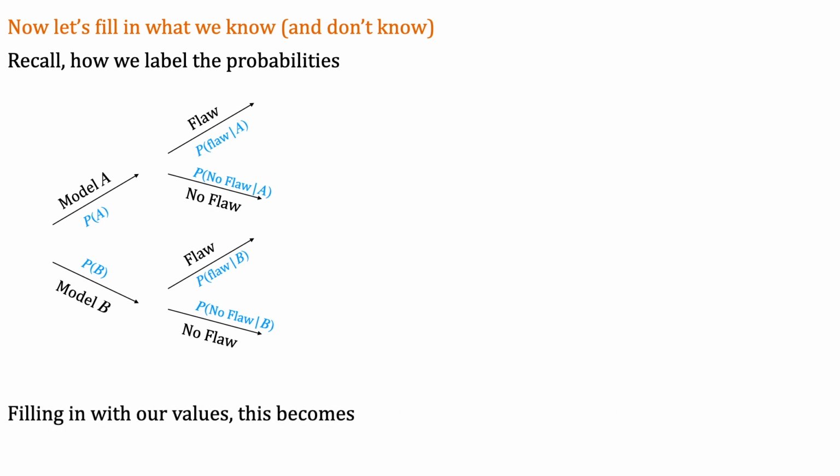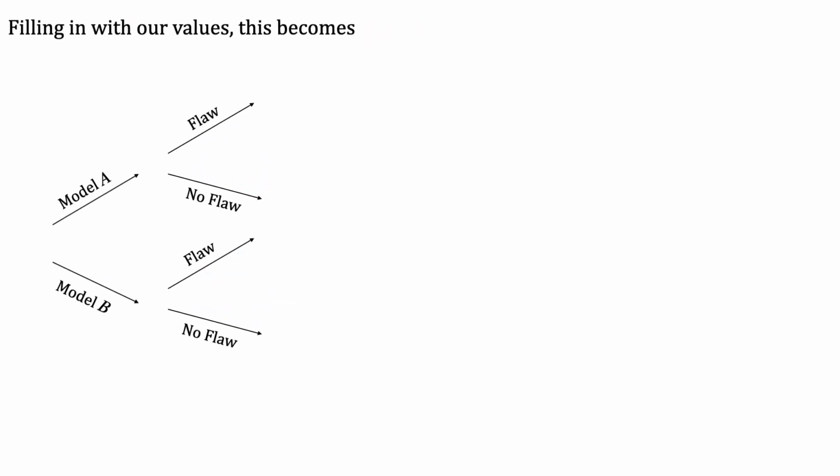Now we want to fill in these probability terms with actual numbers. We've removed the probability signs, and now we can plug in the numbers we're given. Model A, like the question told us, is 0.2. Whenever you have a branch, the other side of the branch is 1 minus the other one.